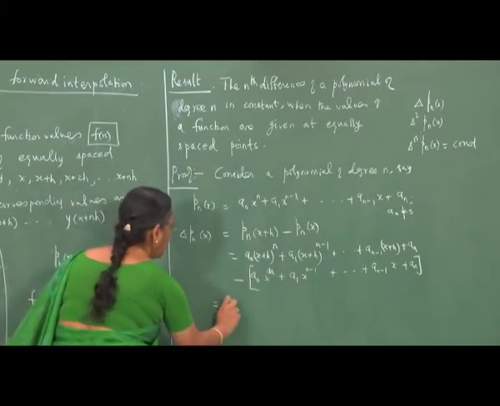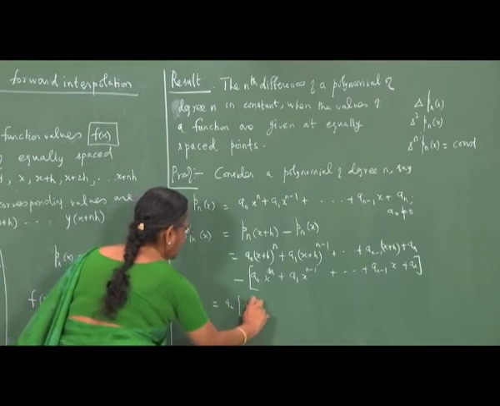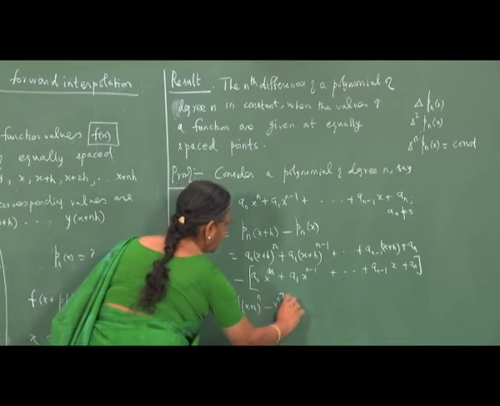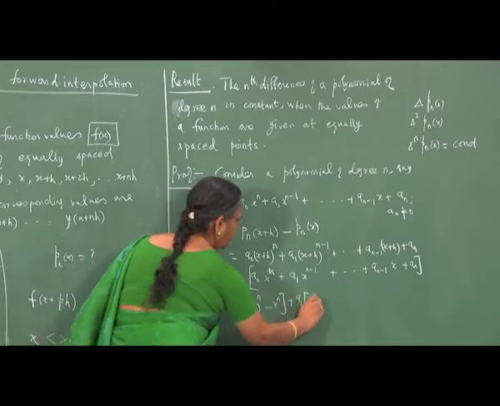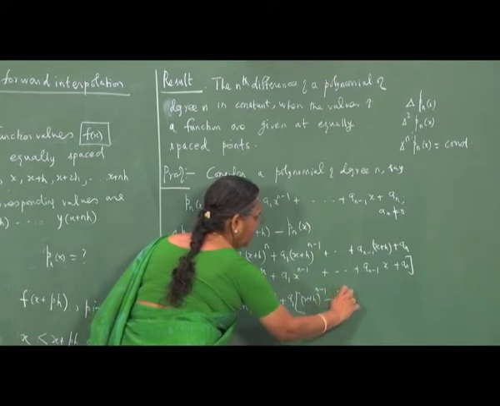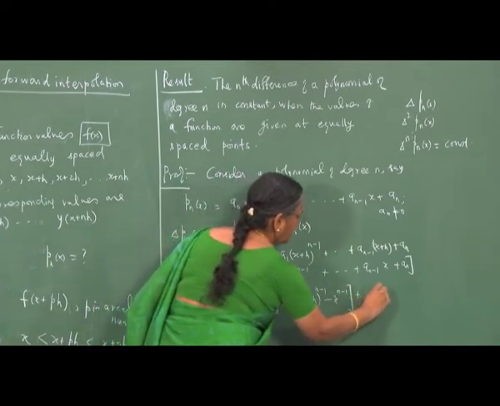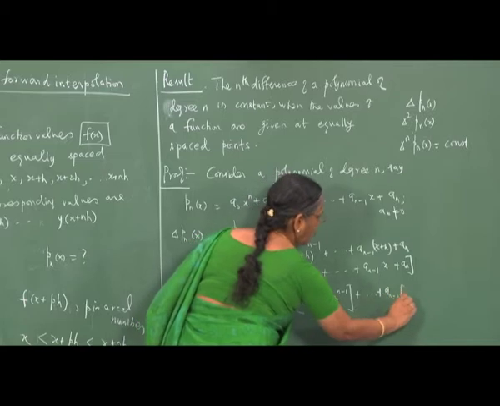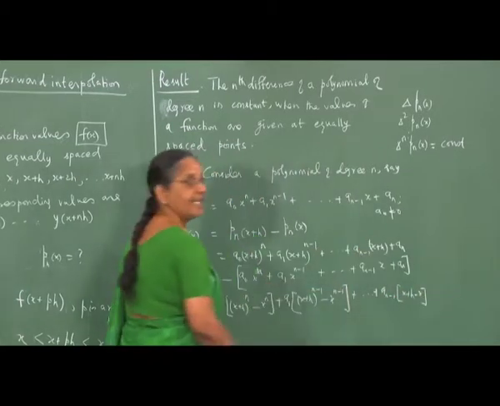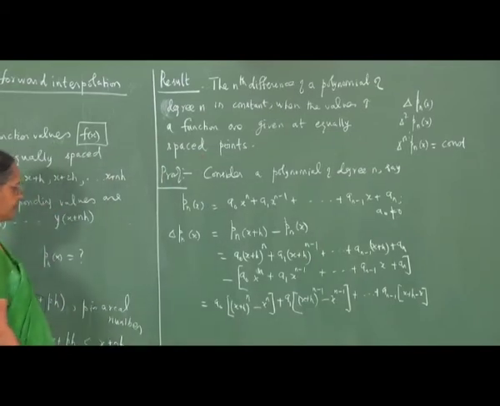So, this gives you a naught into x plus h to the power of n minus x power n plus a 1 into x plus h power n minus 1 minus x power n minus 1 plus etc. plus a n minus 1 into x plus h minus x, and a n gets cancelled.